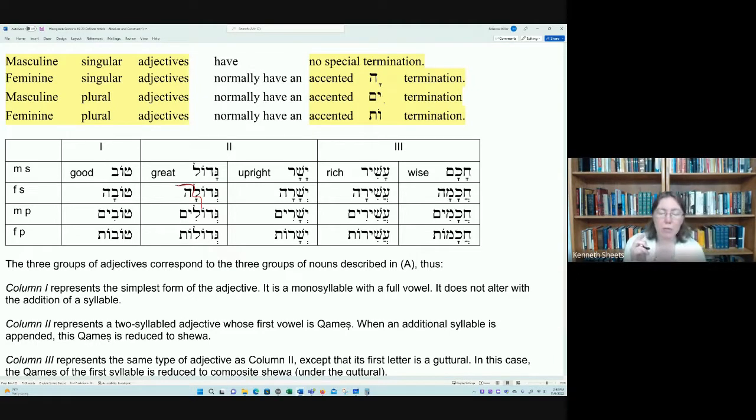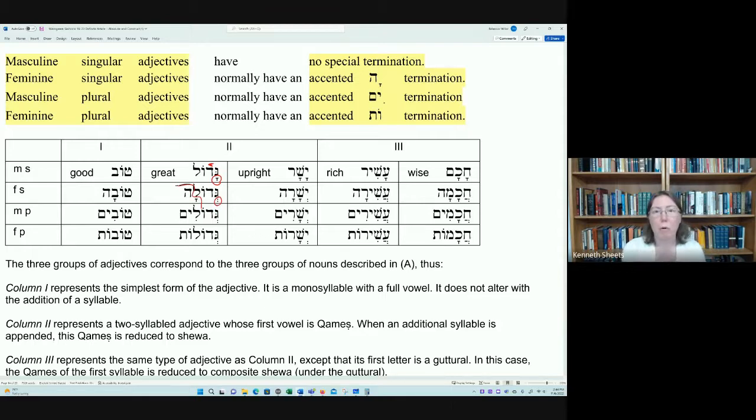But when we do that, notice what happens. The kametz that was underneath the gimel has reduced to a vocal schwa. Now, why is that? The reason is that on the original triliteral root, gadol, the accent was here over the daleth, which is the last syllable of the word.